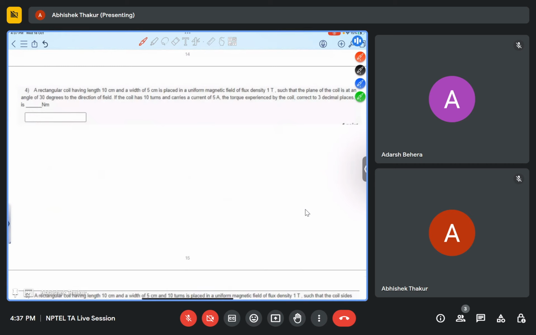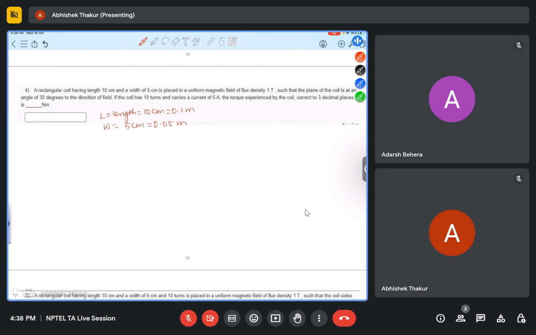So now we will move on to a question from week 5. We will be solving one or two questions from every week. In this question, it is given a rectangular coil having length 10 centimeter and width of 5 centimeter. So just write down what is given: length is 0.1 meter, width is 5 centimeter, that is 0.05 meter.